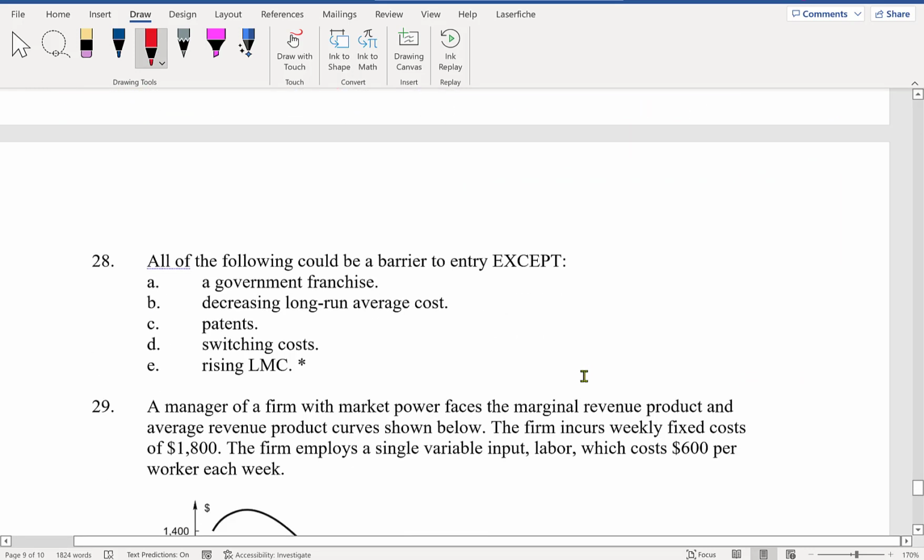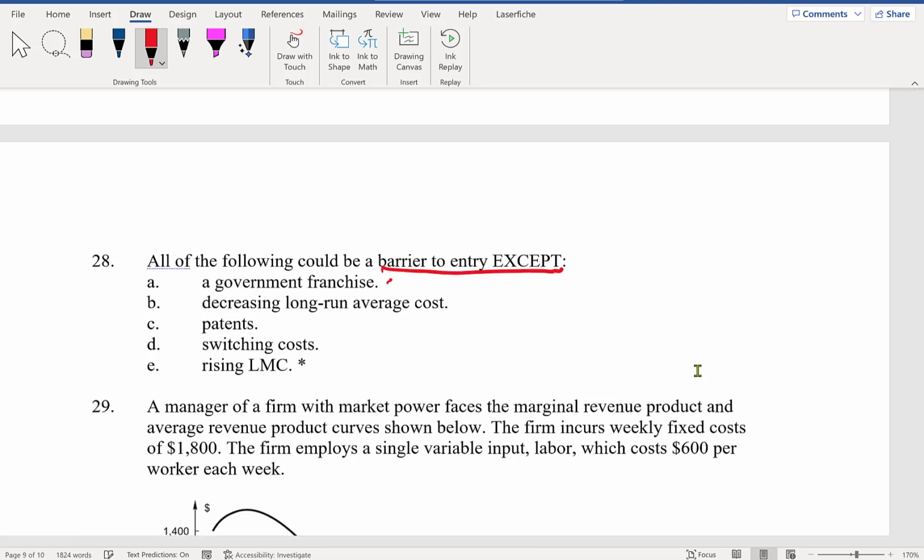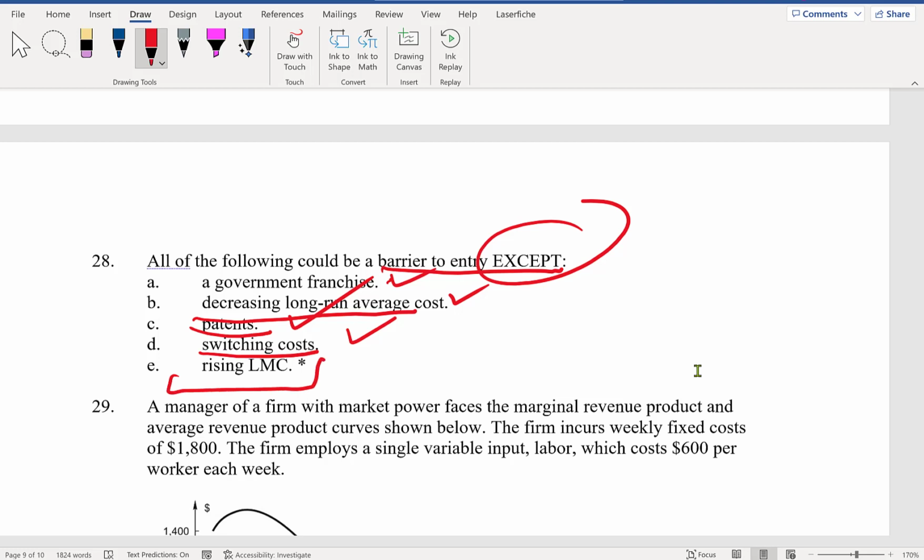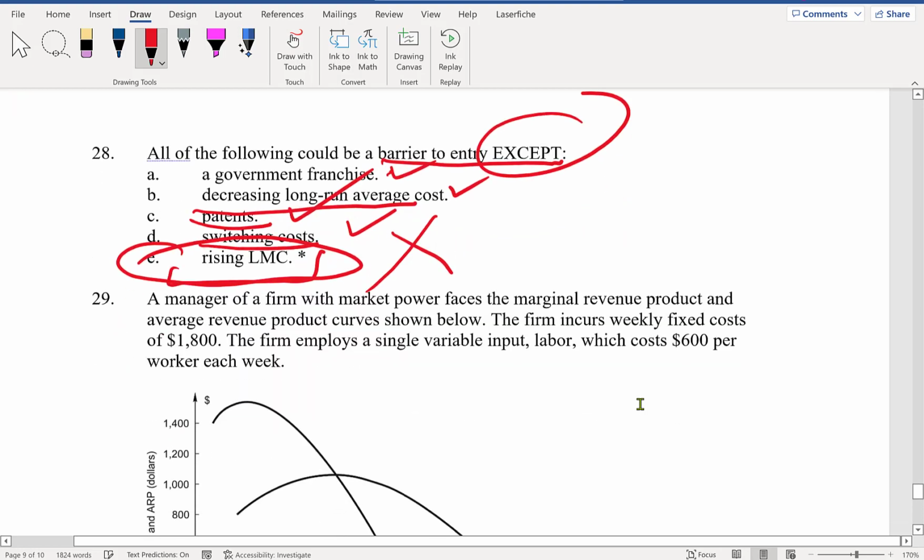28. All of the following could be a barrier to entry except government franchise. Yes, it says except. Decreasing long run average cost. Yes, economies of scale. Patents. Yes. Switching cost. Yes, switching to other companies. How about this? Rising long run marginal cost. This is not a barrier to entry.